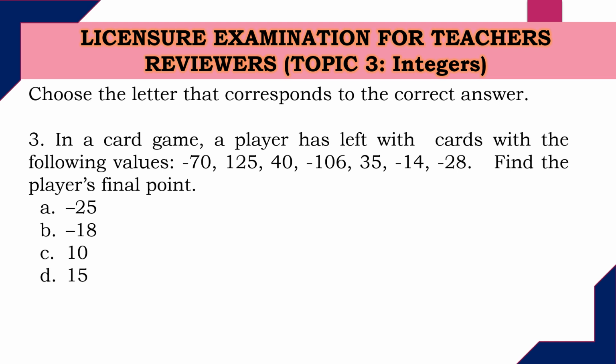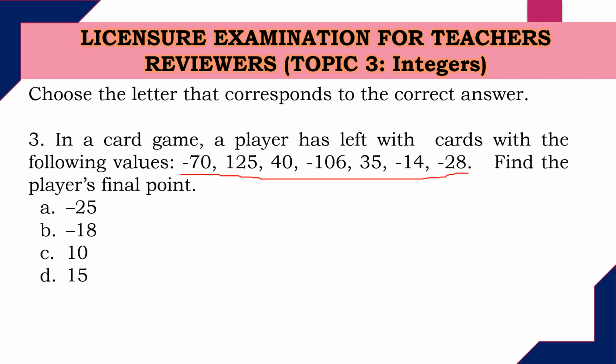In a card game, a player has left with cards with the following values: negative 70, 125, 40, negative 106, 35, negative 14, negative 28. Find the player's final point. A, negative 25, B, negative 18, C, 10, D, 15. So, to find the player's final point, we are just going to add the value of the cards that are left.